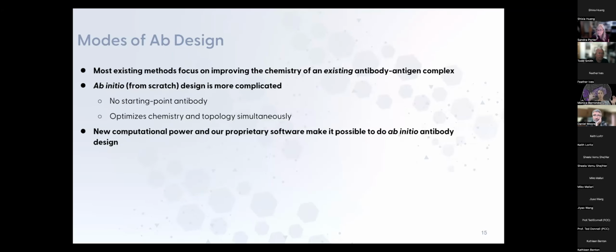Then I'm going to talk really broadly about antibody design and the different modes. Most existing methods of working on antibody-antigen complexes rely on just the chemistry behind it. Whereas ab initio would mean that you don't have any information in advance. So you don't have a starting point for an antibody, you don't have existing chemistry, you have to come up with that from nothing.